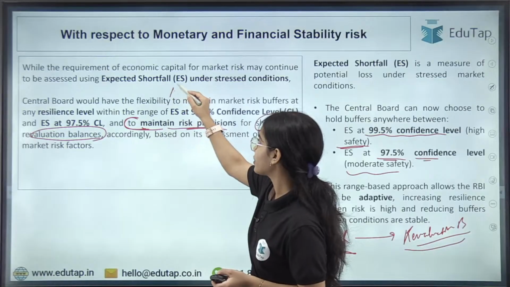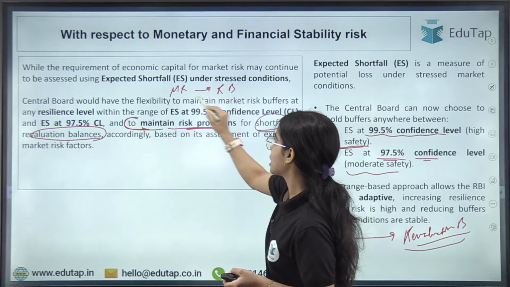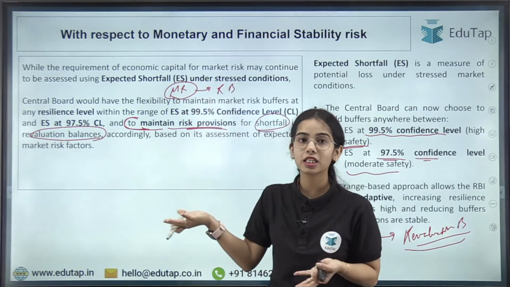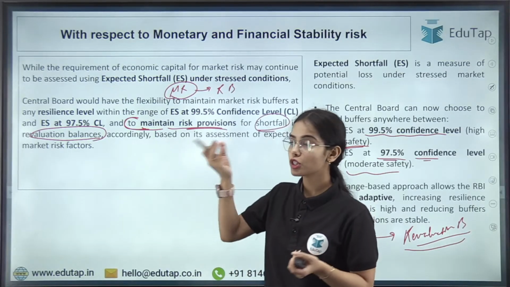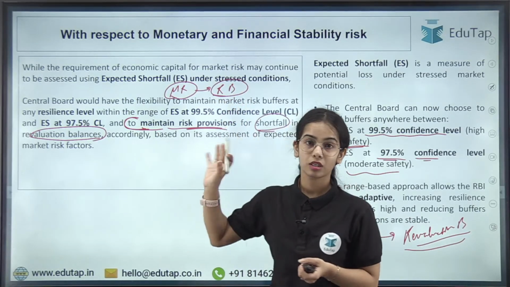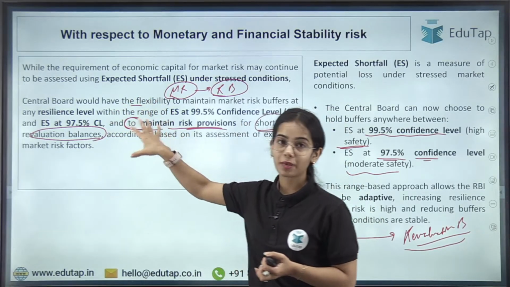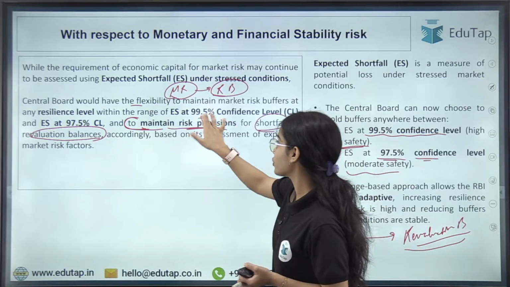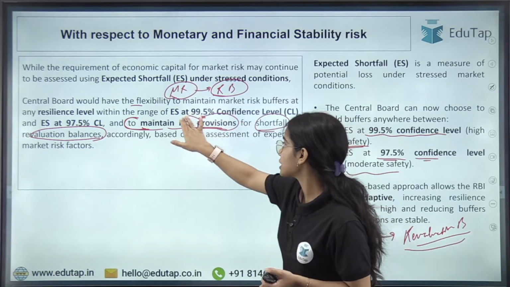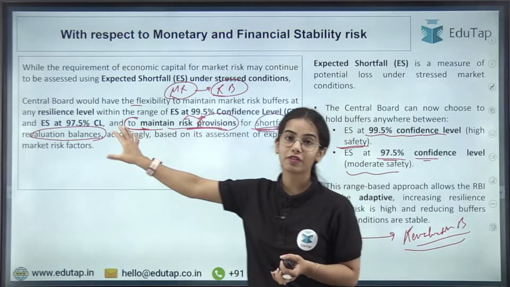Okay, for the market risk, the revaluation balances, because if the risk is coming, how to maintain the buffers? From where will the buffers come? So buffers will come from the revaluation balances. Okay, so the central board of the RBI will have the flexibility to maintain the provisions for the risk, for the shortfall in the revaluation balances.